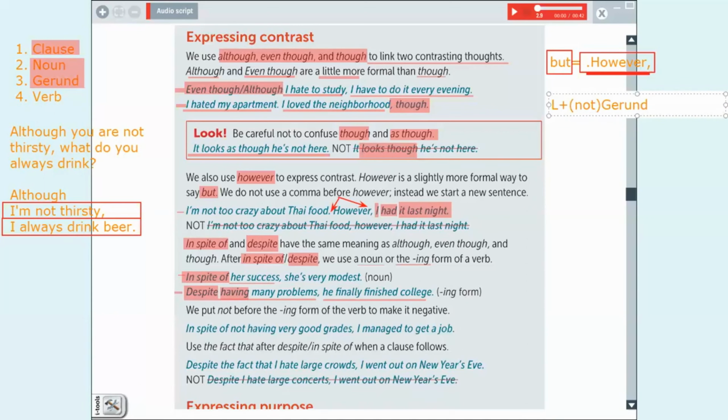In spite of not, and then being, the gerund idea, which is the verb be in the ing. In spite of not being thirsty.